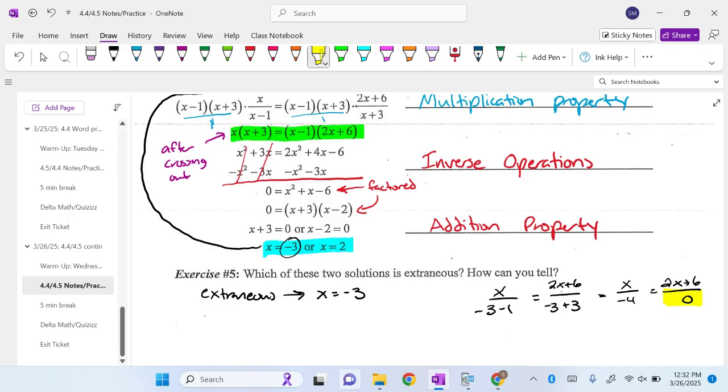This one is where it's not fine. That's what makes it extraneous. If we plug the 2 in, it won't matter because 2 minus 1 is 1, so that's fine. 2 plus 3 is 5, so that's fine. But the negative 3 is extraneous in this case because it makes that denominator 0.